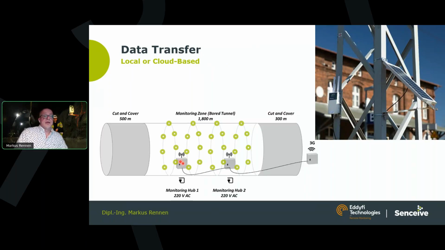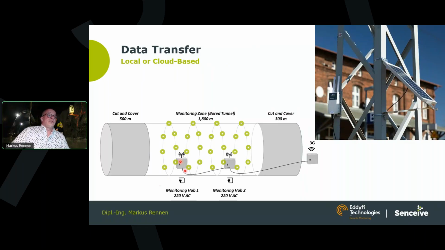Usually in existing tunnels, at that point, we might even have cellular signal, and the cellular signal would then be used to communicate the data from the gateway outside through the internet to the cloud server where users have access.